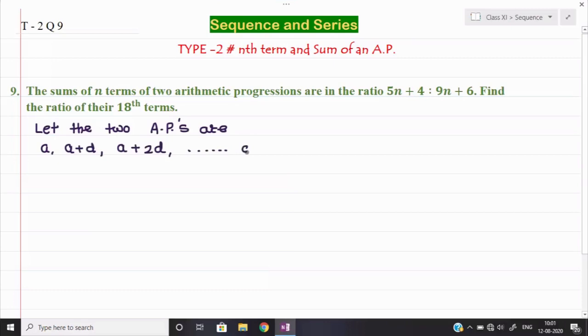We can say the nth term is a plus n minus 1 into d. Okay, this is the nth term. Normally, whatever AP we suppose, that is what I have written.